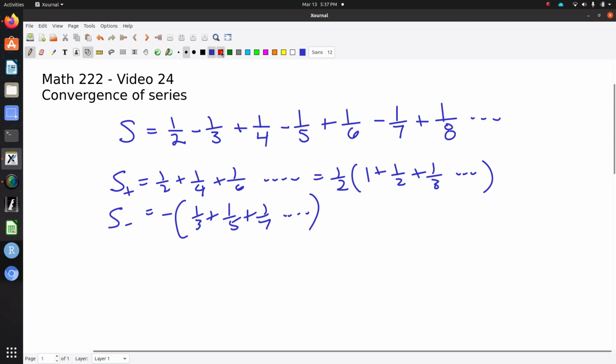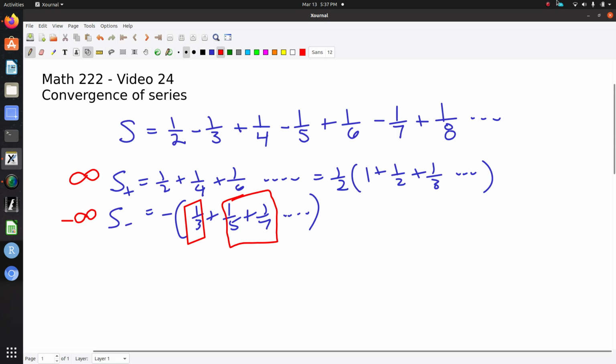So for example, we can say this first piece is greater than or equal to 1/4. These two pieces added together is greater than or equal to 1/4, and then the next 4 pieces and the next 8 pieces and so on and so forth. And as long as we keep adding 1/4, 1/4, 1/4, we can get to infinity. So the positive pieces comprise positive infinity, and the negative pieces comprise negative infinity.